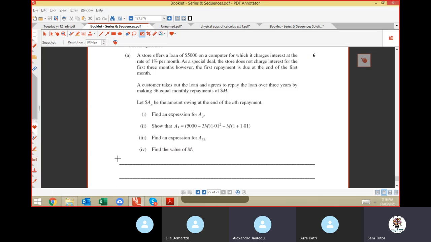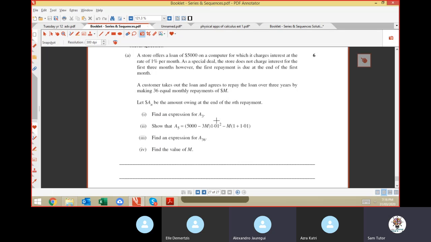Not too sure. Well, okay. If it's interest free, right? You're not getting charged interest for the first 3 months. So in that first month, are you going to multiply by interest? No, so would it just be like 5,000 minus R? Yeah, that's exactly what it is.